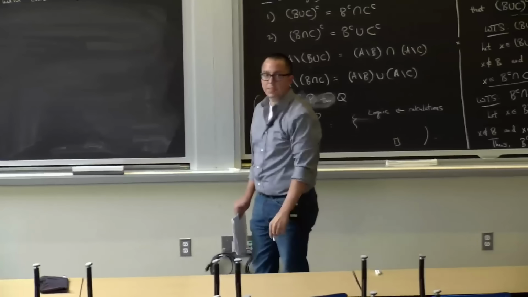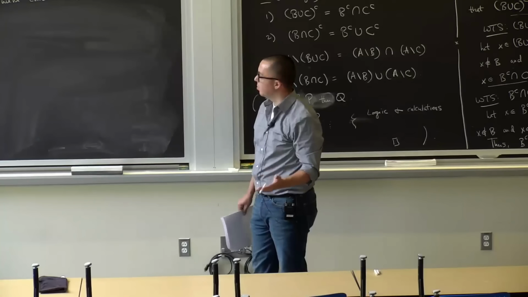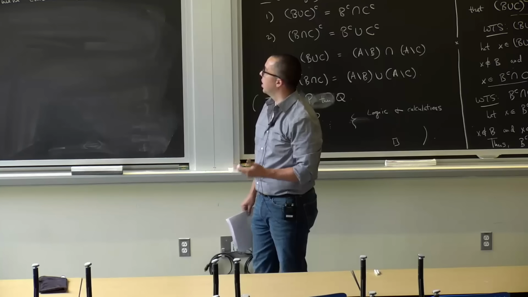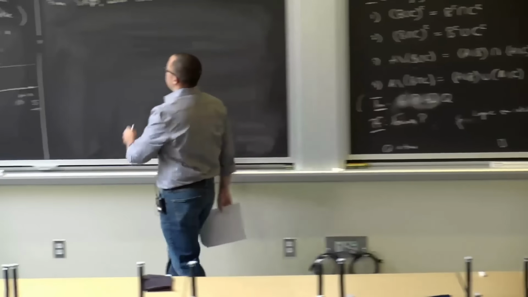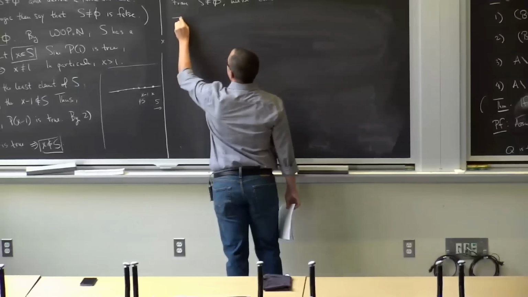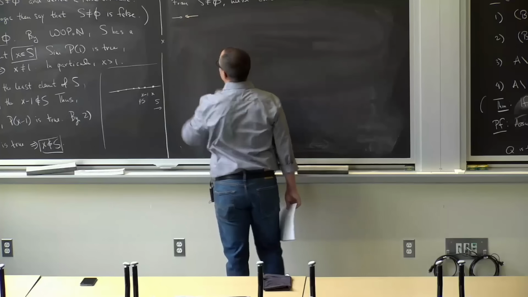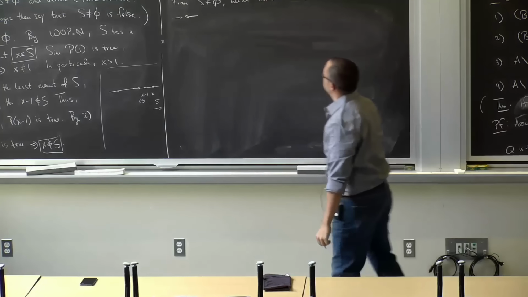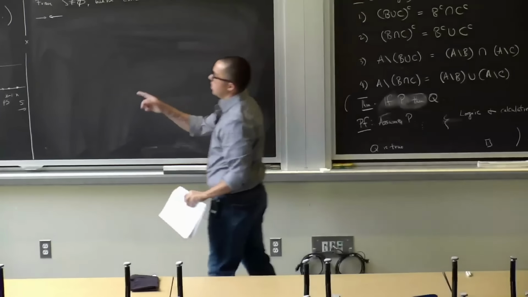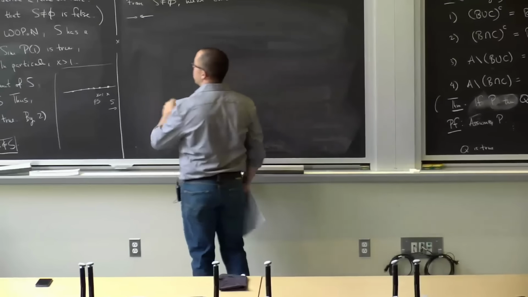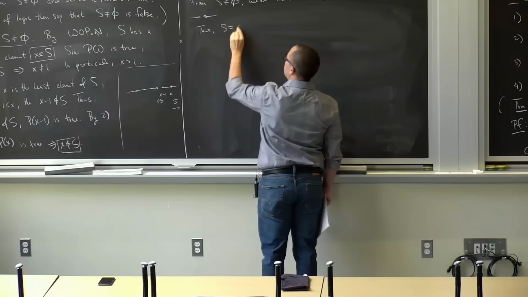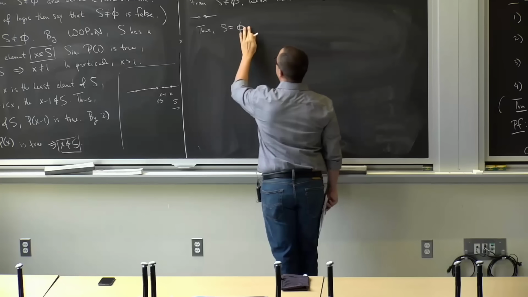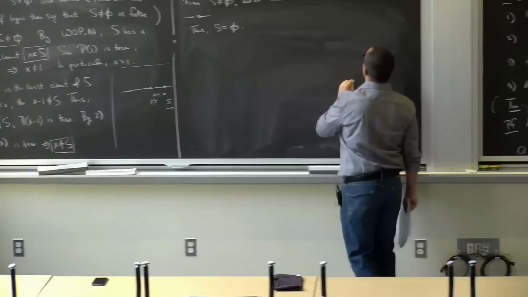You cannot have an object, a member, that's both in the set and not in the set. Okay? And at the end of contradiction arguments, I'll usually put two arrows hitting each other. So that's a contradiction. Therefore, our initial assumption that S is non-empty has to be false. And therefore, S is the empty set.